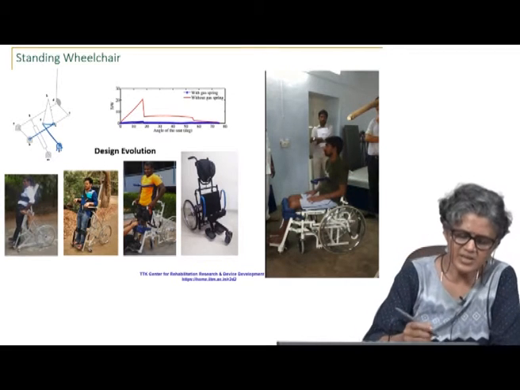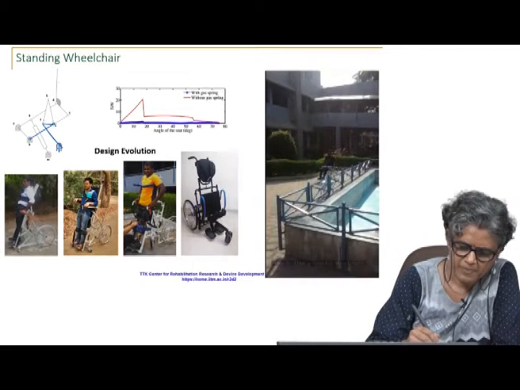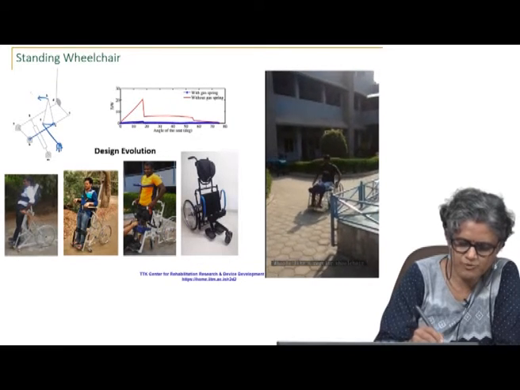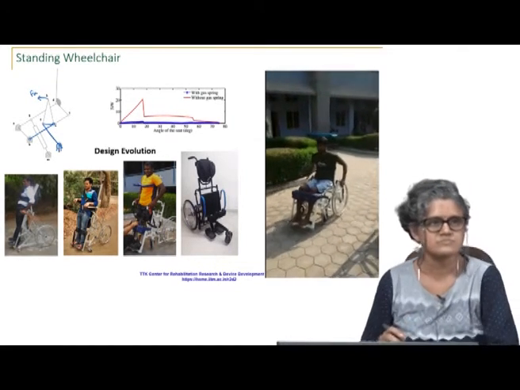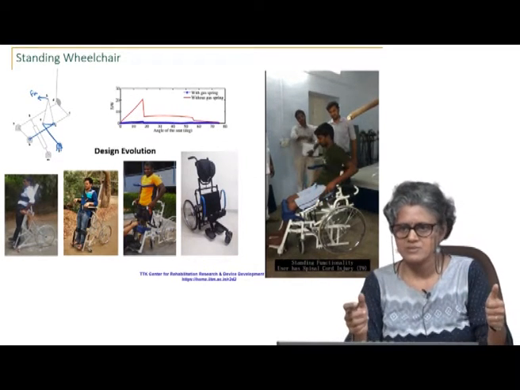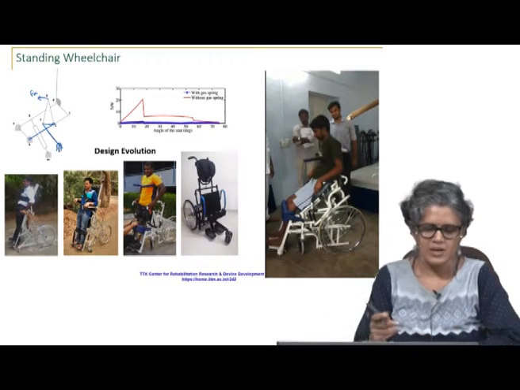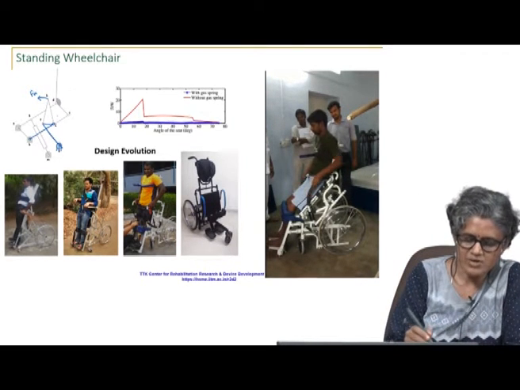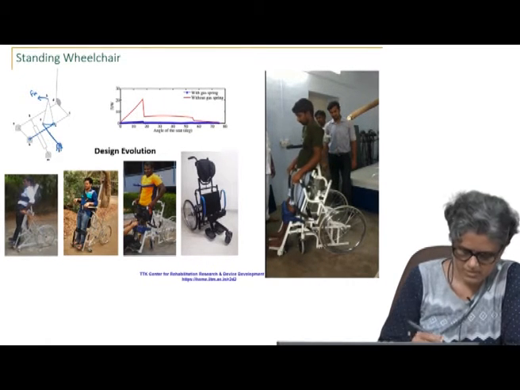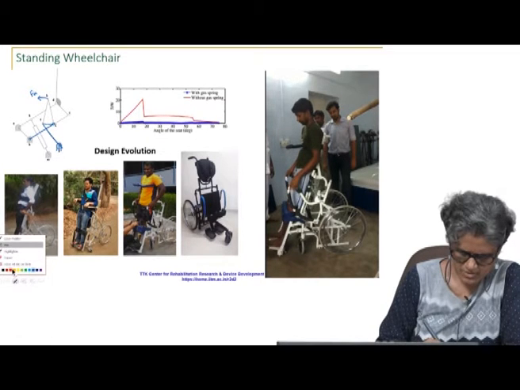If I look at this, the person is going to be applying some force here to actuate the mechanism. What you are trying to lift is, what is the external load?